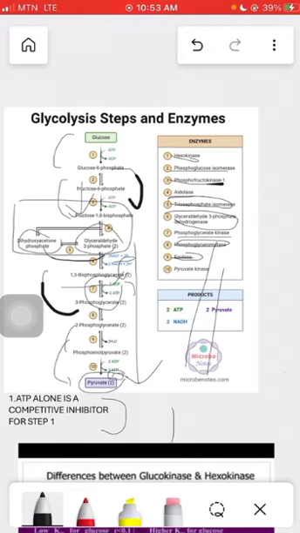So remember that the first ATP that was produced was in step 7, and the last ATP that is produced is in step 10. And we are gaining 2 ATPs. And remember that step 10 is irreversible, as you can see that the arrow is coming only down. So step 1, step 3, step 10 are irreversible. And step 3 is the rate limiting step, as I said. So we will continue later.